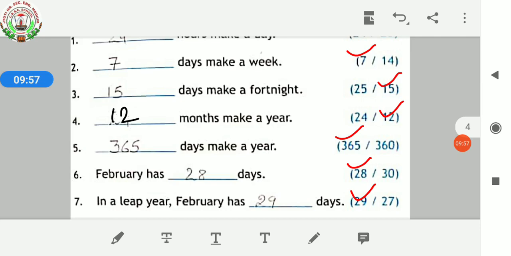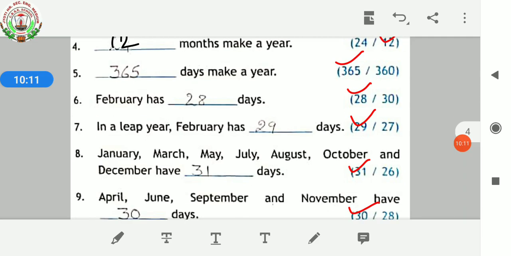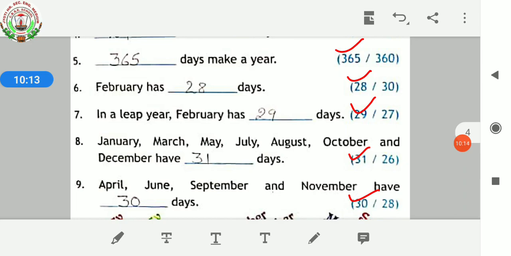Sixth, February has dash days. So February has 28 days. In a leap year, February has dash days. In a leap year, February has 29 days. Number 8, January, March, May, July, August, October and December have dash days.